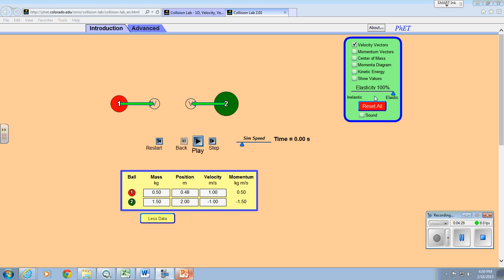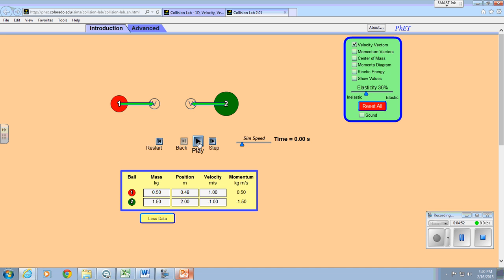And the elasticity doesn't change this rule. What elasticity changes is the type of collision, which we'll get into, but I'll prove to you that it doesn't change the rule. So I'll make it a less elastic collision, and we still have a negative 1 for our combined momentum before.